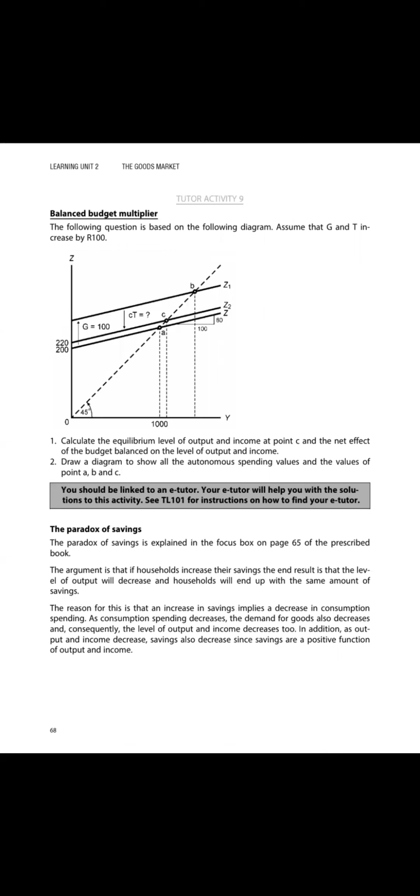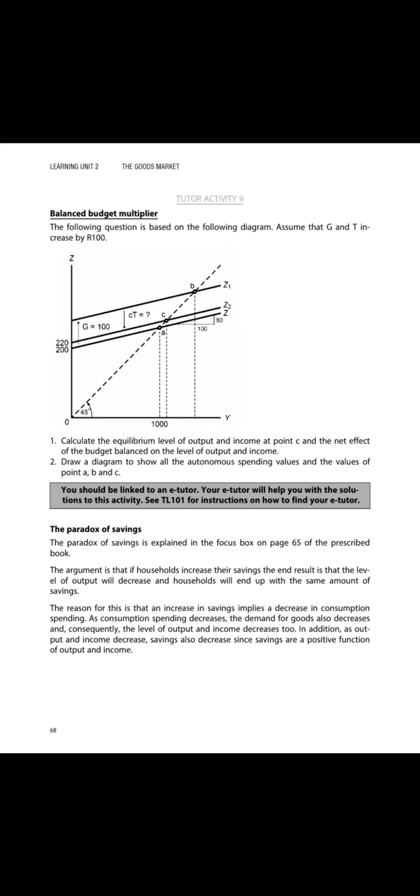And then the last issue that I'll bring about here is the issue of a balanced budget. So what happens when there is a balanced budget? It's some of those questions that you saw on the assignment where we say you increase your government spending by 300 and then you increase your taxes by 300. What's the net effect of that?